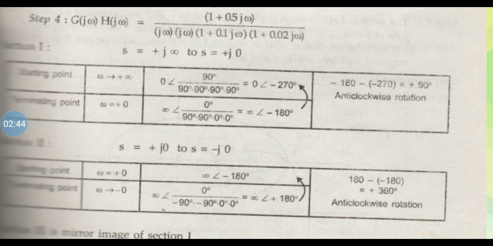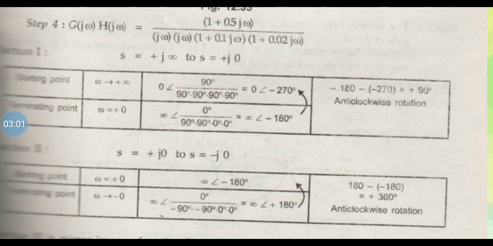The first section is s equal to plus j infinity to s equal to plus j0. So what is the starting point?